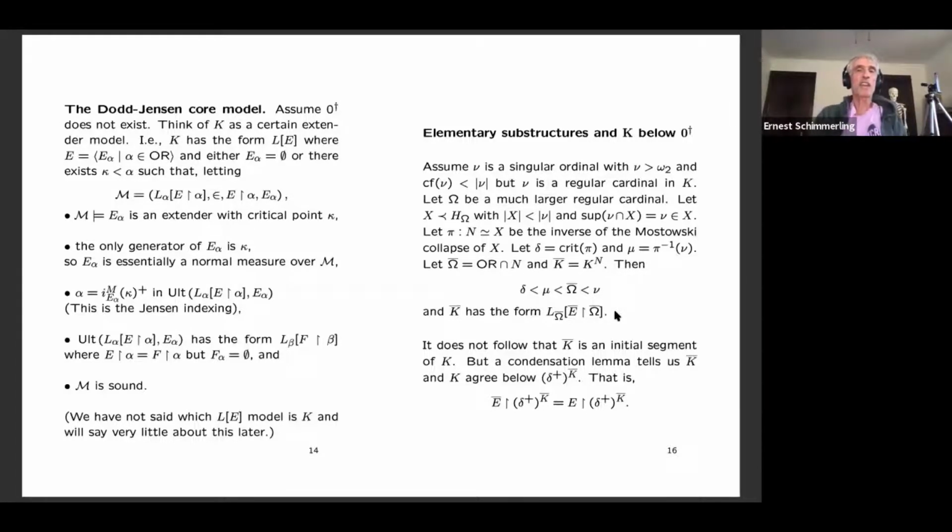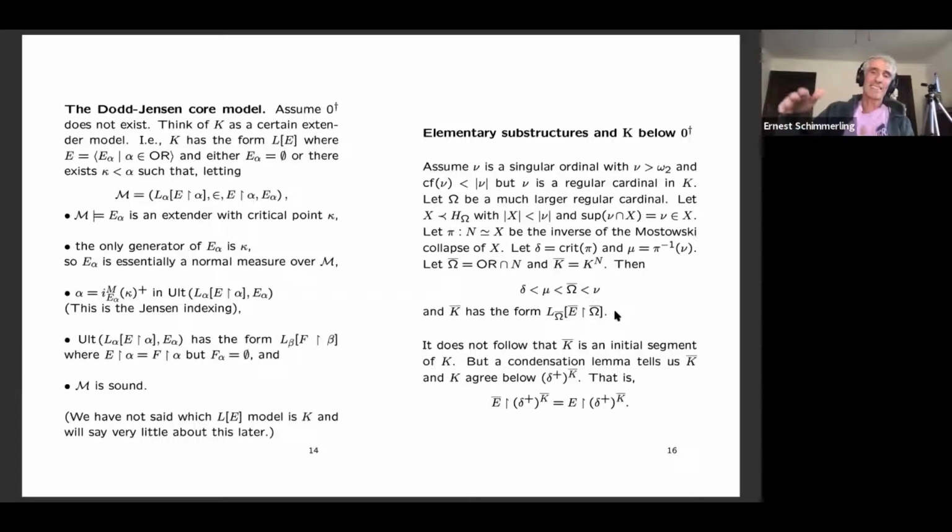Well, it's an initial segment of a set extender model, which means it's L omega bar of E bar restricted to omega bar, where E bar is pi inverse of E cut off at omega. Okay, that's not literally true because E restricted to omega isn't a member of.